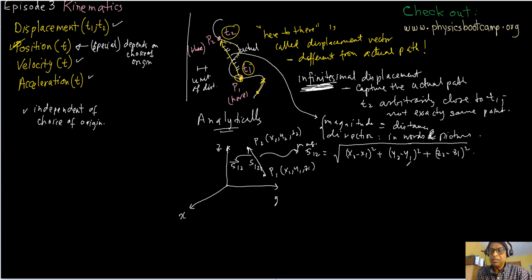So if you're not clear about where this comes from, you can just work it out in the xy coordinates. If you have a point here and a point here, then there will be a right angle triangle.